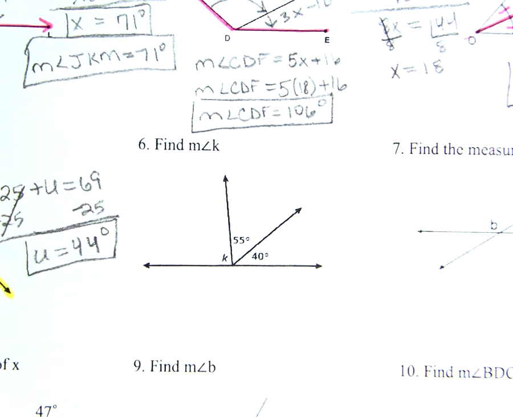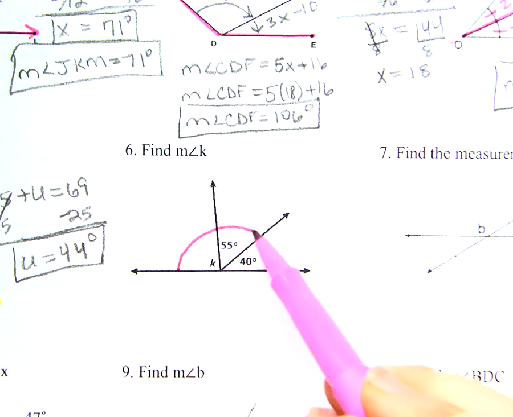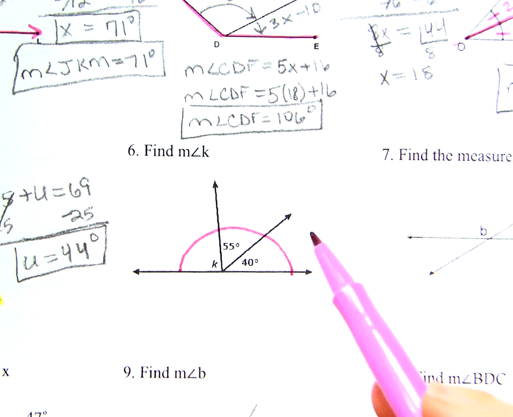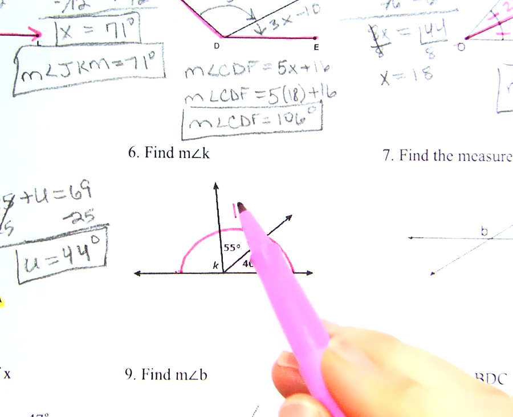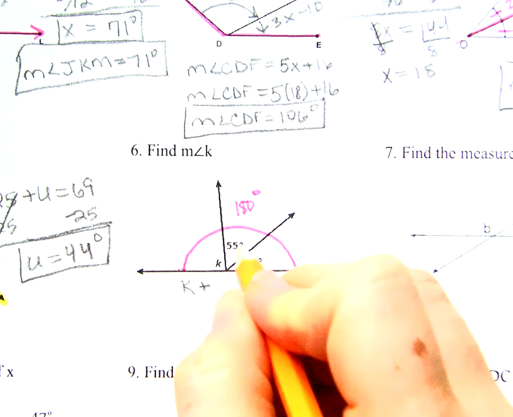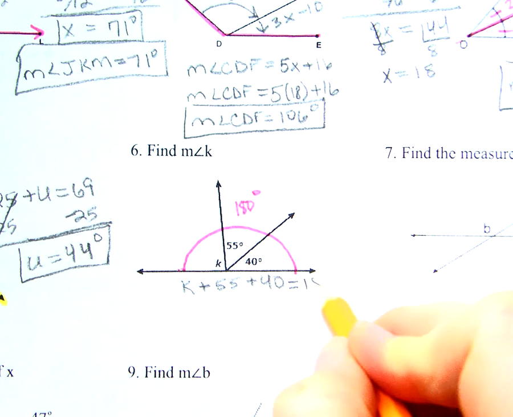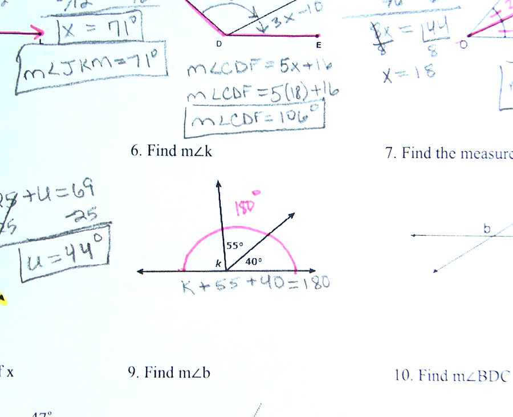Find the measure of K in number 6. This time we're looking at a whole 3 angles coming together to create a line, which is 180 degrees. So I know that K plus 55 plus 40 should give me a whole line, which is 180.